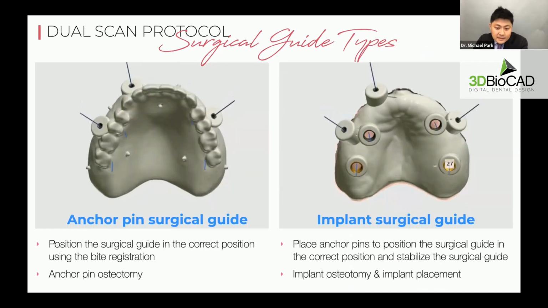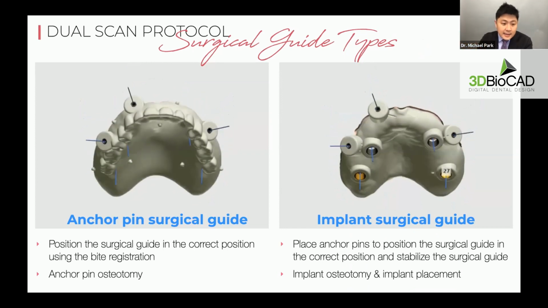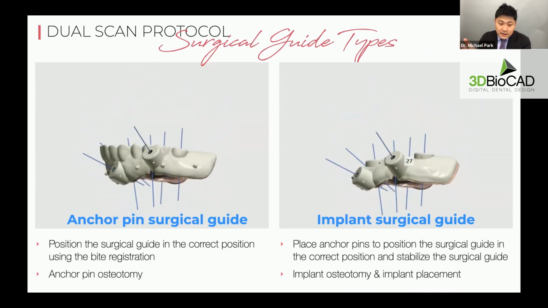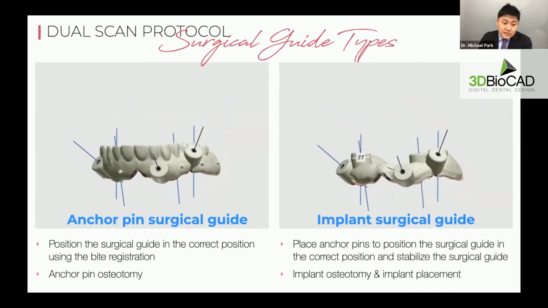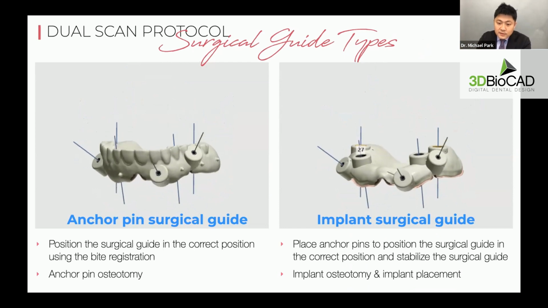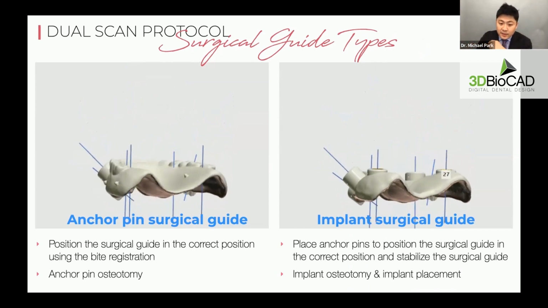Okay. So that's why I design and fabricate these 2 different guides. The anchor pin guide, like I said, is to position the surgical guide in the correct position using the bite registration material. And then we do the anchor pin osteotomy using this. So while the patient's biting down on the bite registration, we do our anchor pin osteotomy.